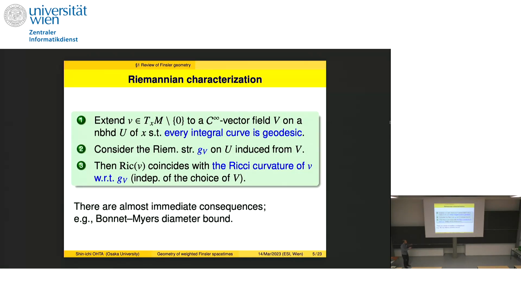So since the optimal transport is done by geodesics, as a vector field we may consider a vector field coming from optimal transport, and by this characterization, it's natural to expect the curvature dimension condition holds in the Finsler case. So this is about Finsler curvature.